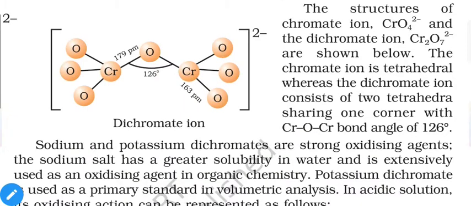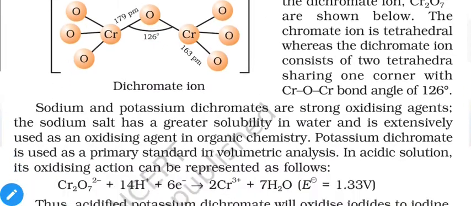The structures of both are as mentioned here. The chromate ion is tetrahedral, whereas the dichromate ion consists of 2 tetrahedra sharing one corner with a Cr-O-Cr bond angle of 126 degrees. Sodium and potassium dichromates are strong oxidizing agents.